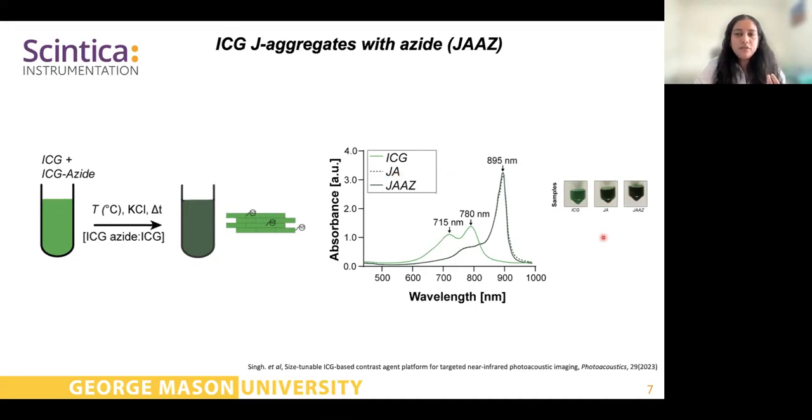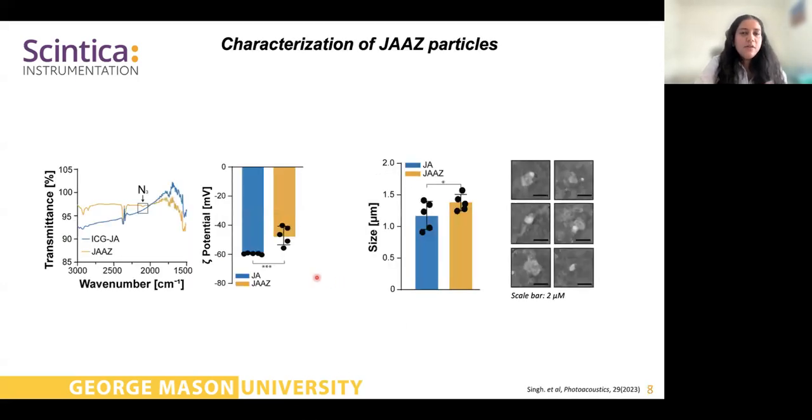And we confirmed the formation of these aggregates by seeing a color change that is pretty common when this dye undergoes aggregation. Monomeric ICG is lighter green in color, and we saw a darker green color upon the formation of JAS particles.